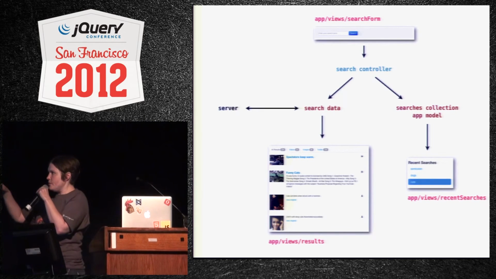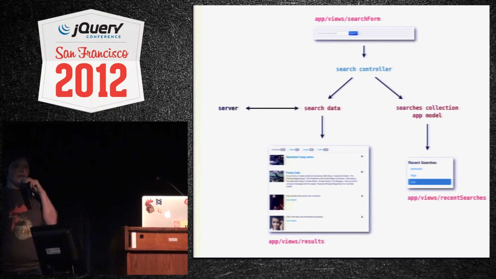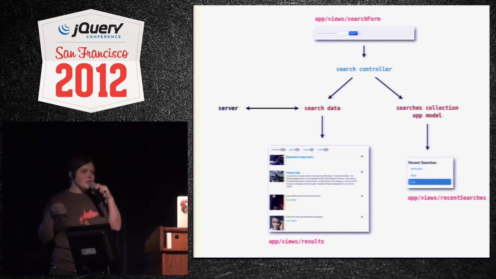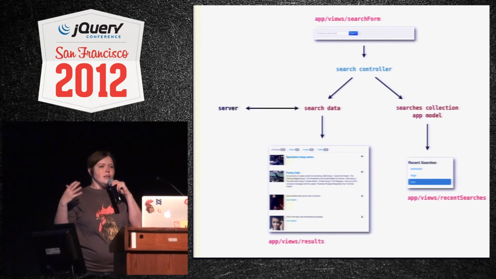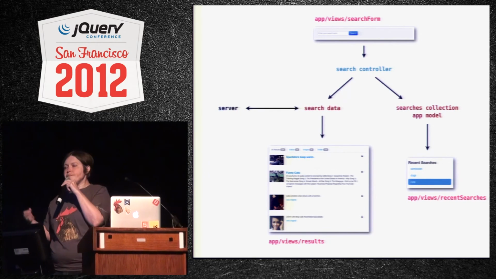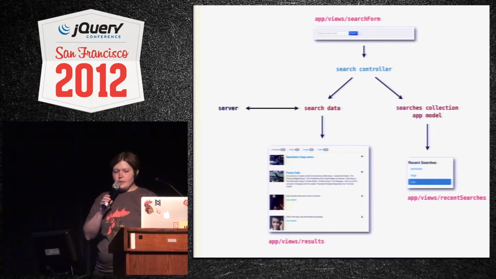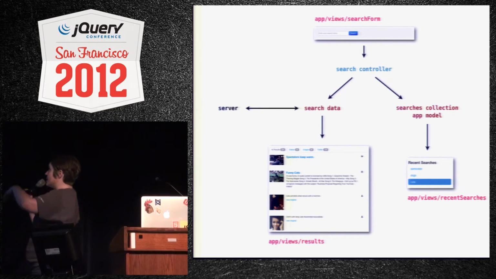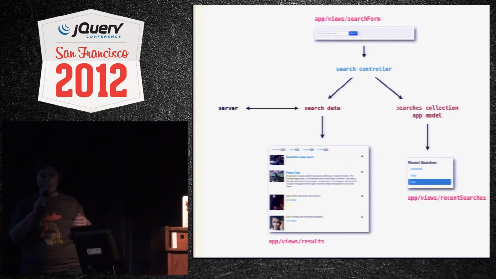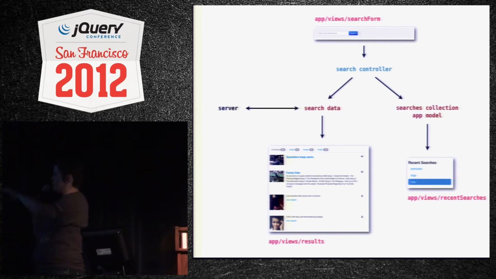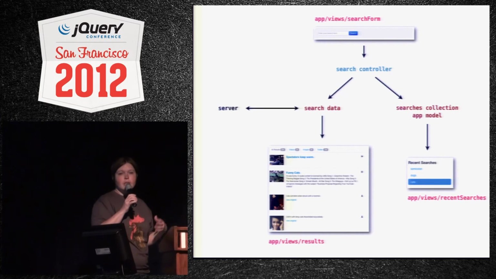When the search results view hears that the search results collection has new data, then the search results view takes that data and uses it to update itself. Likewise, when the recent searches collection announces that it has new data, then this recent searches view updates itself.